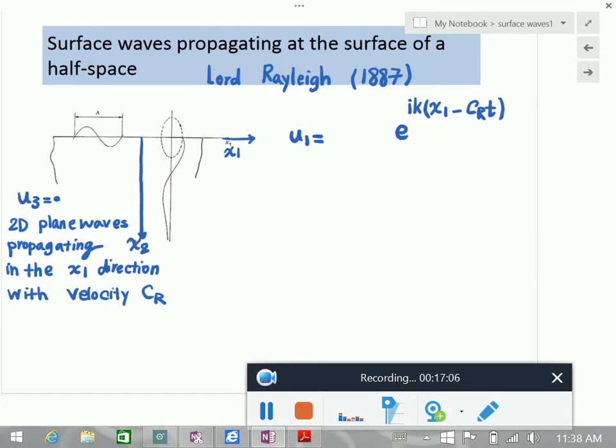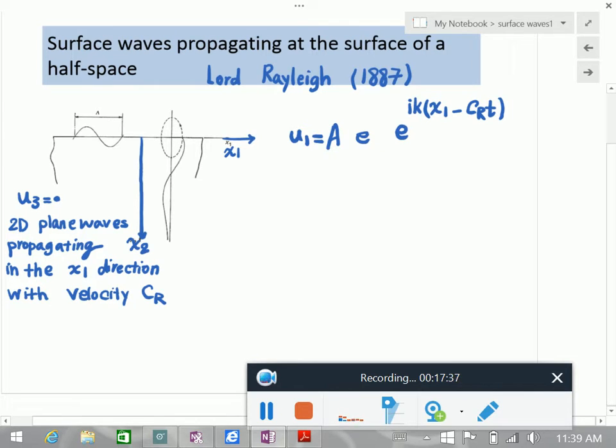Now I'm saying it has to attenuate exponentially with depth. Do you want to add an exponential term which shows that? Exponentially attenuating with depth. So we have some amplitude, I've used A here.